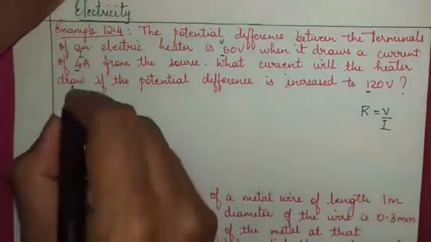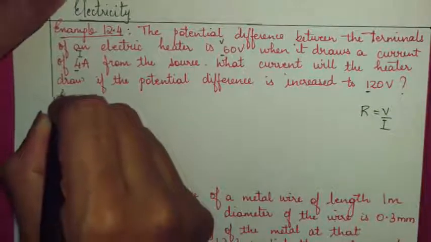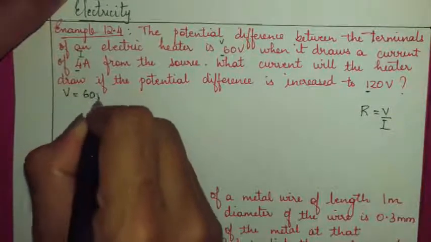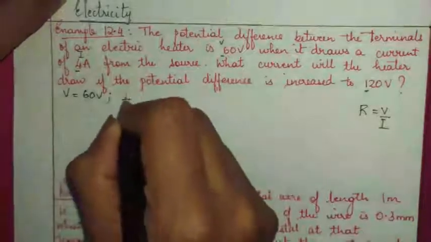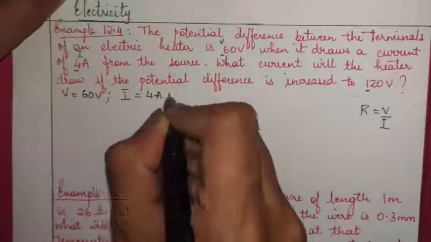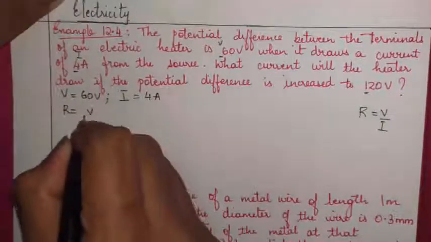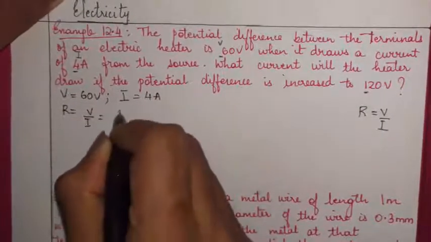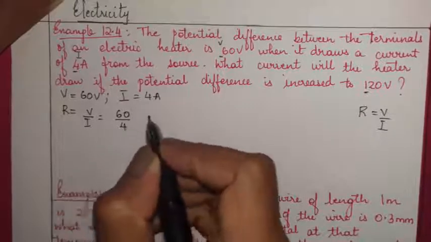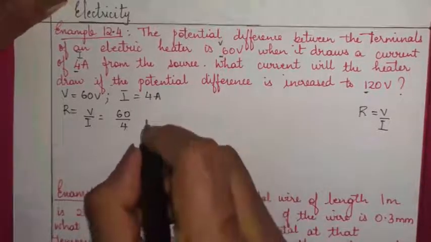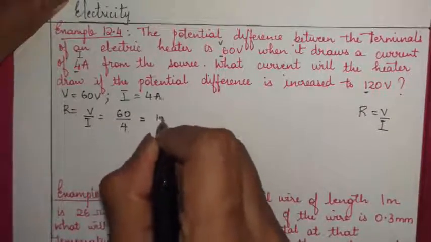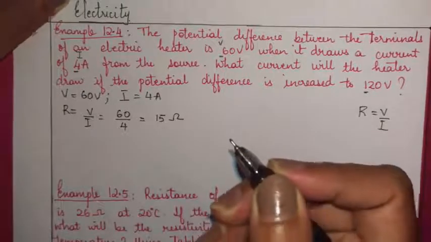We are given that voltage is equal to 60 volts and current is equal to 4 amperes. So resistance is equal to V upon I, that means 60 upon 4, and if you divide, you will get 15 ohms.